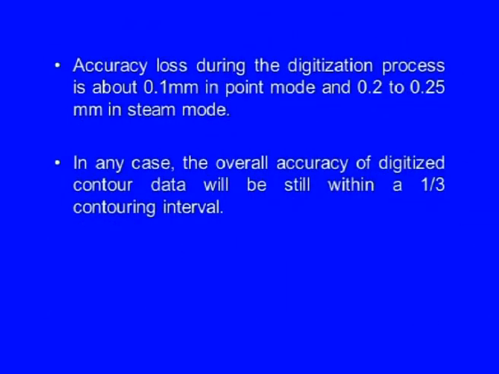The accuracy loss during the digitization process is about 0.1 millimeter in point mode and about 0.2 to 0.25 millimeters in the stream mode. In any case, the overall accuracy of the digitized contour data will still be within 1/3 of the contouring interval.